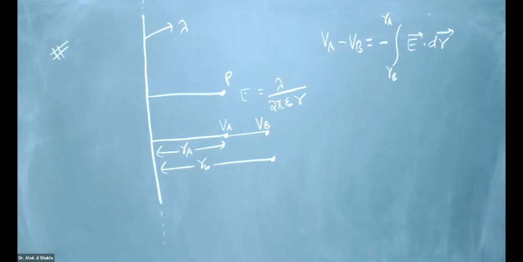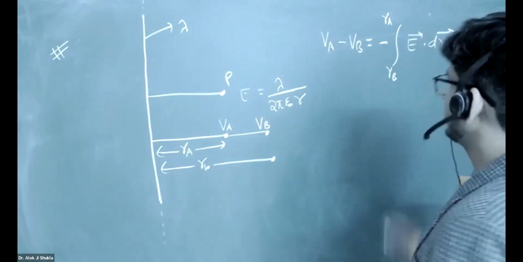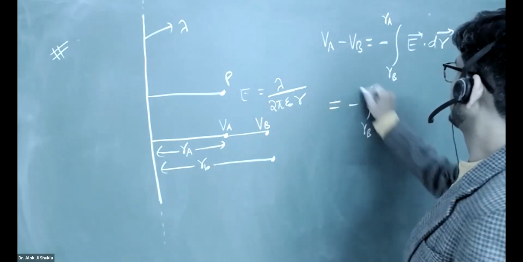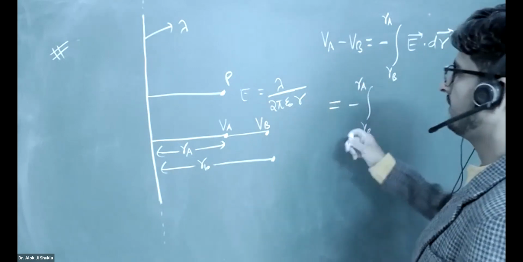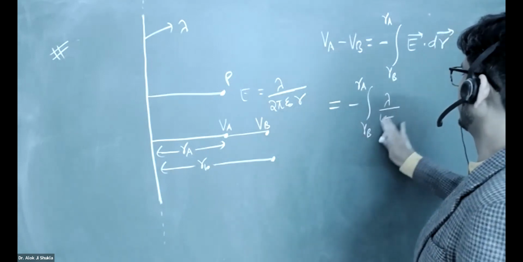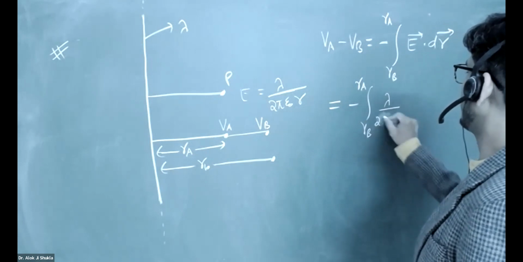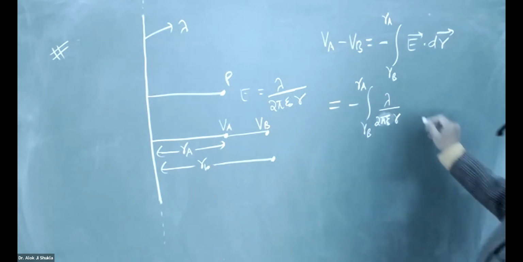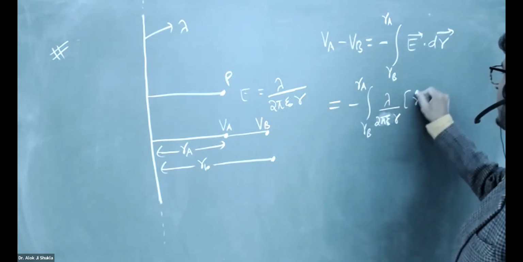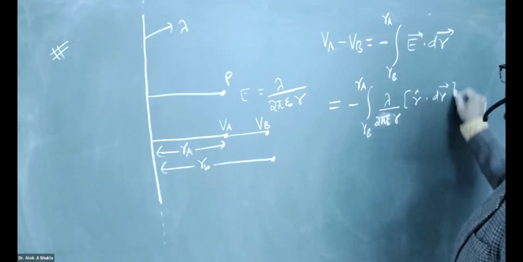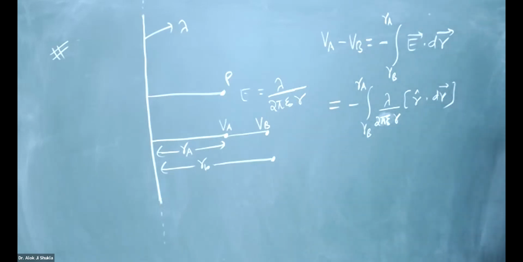And this will become, अपने आप भी कोशिश करो, minus integral RB to RA, E will be lambda by 2 pi epsilon naught R, and it is in the R cap direction dot dr. It will be like this.